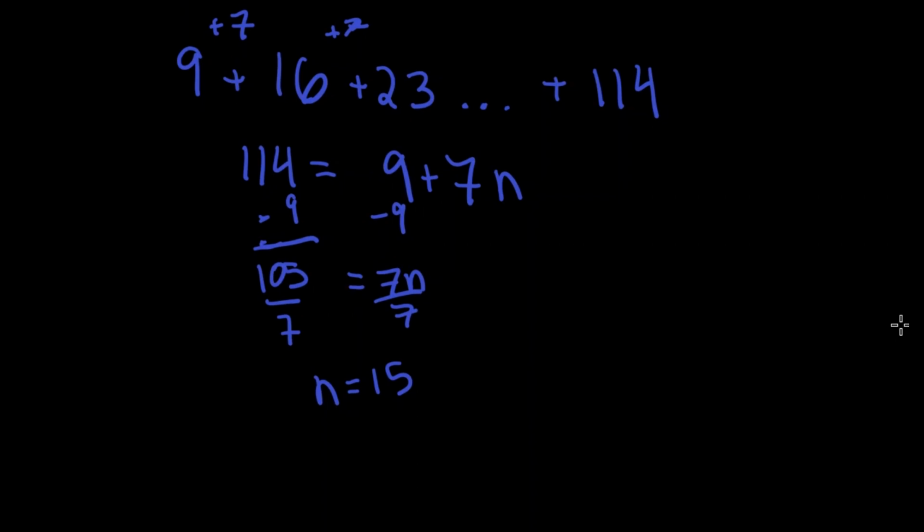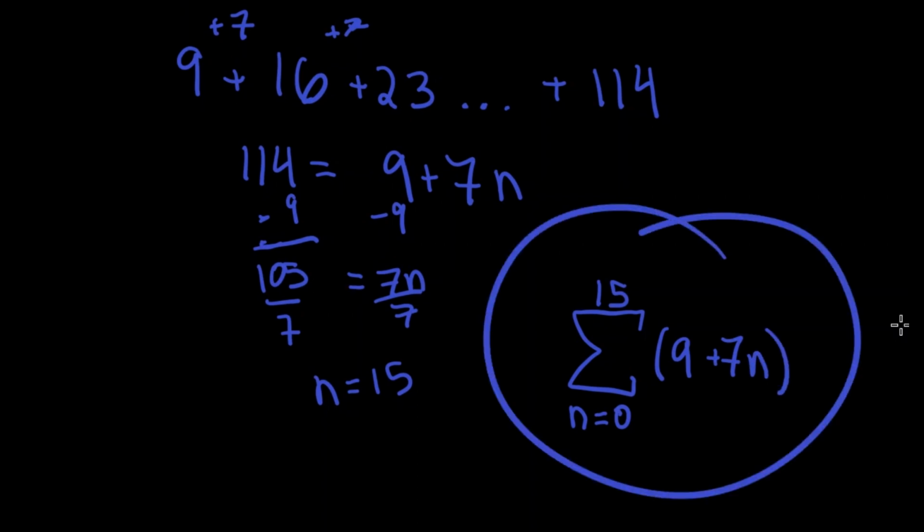We understand that this stops once n is equal to 15, we're not adding 7 anymore, and we're starting at 0. And now we just use the equation we made here, 9 plus 7n. And this is our conversion from the series into a sigma notation.